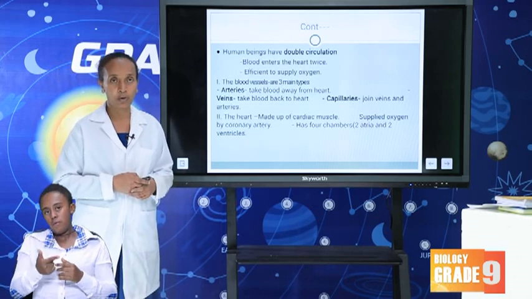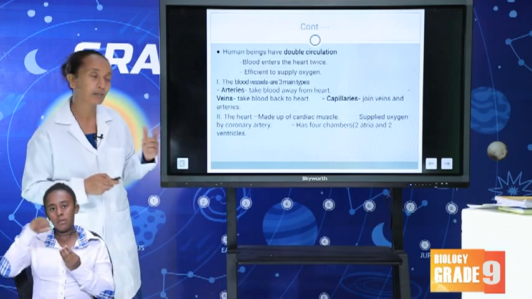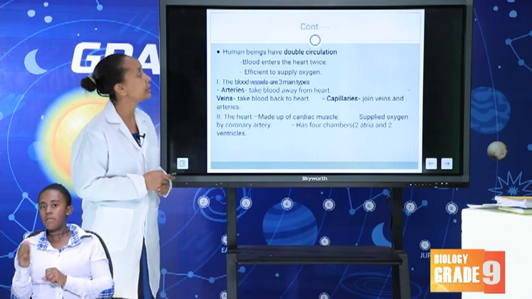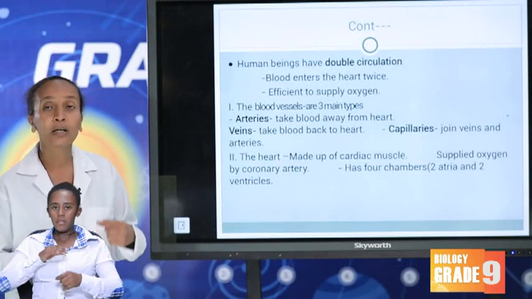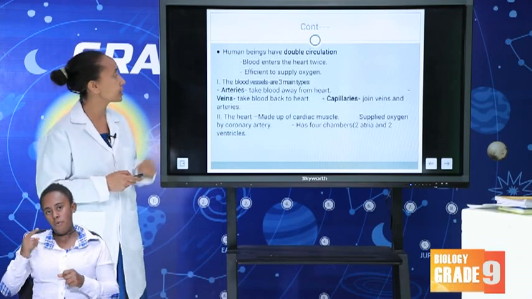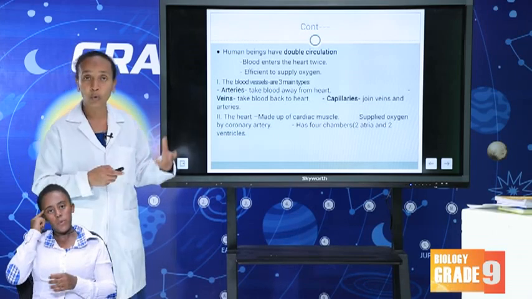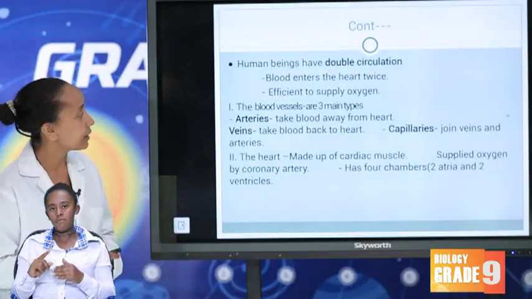Compared with other types of blood circulation, double circulation is efficient in providing sufficient oxygen to our body cells. For that reason, it is considered the more advanced type of blood circulation.